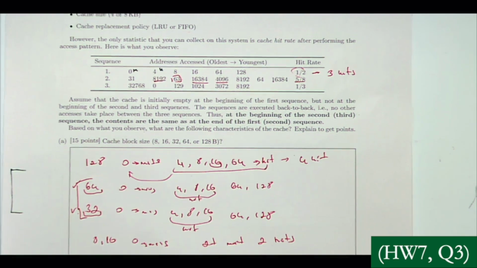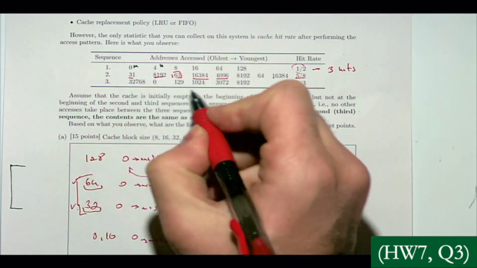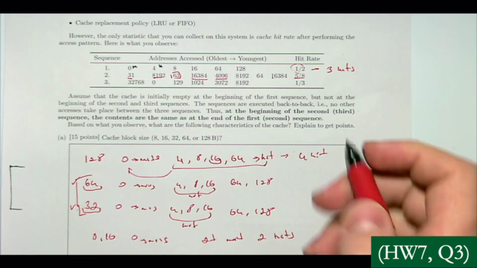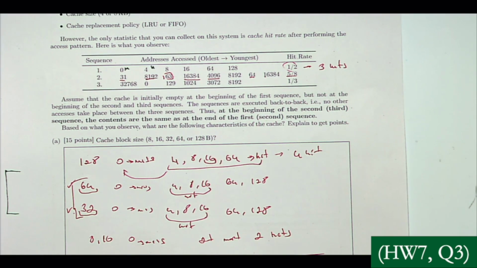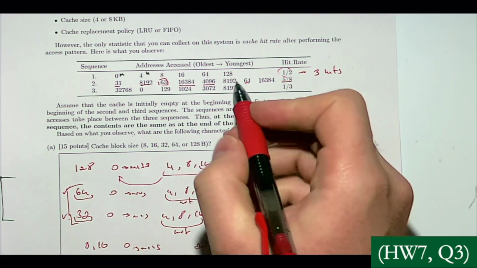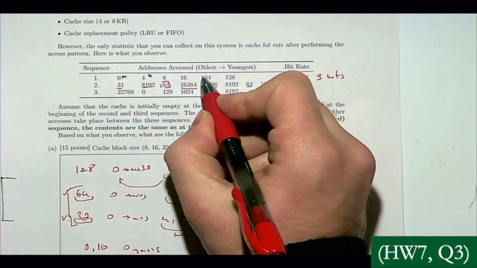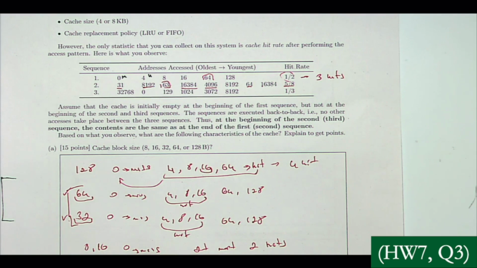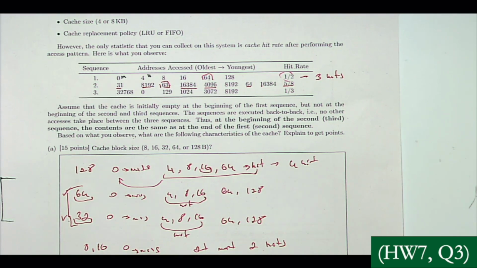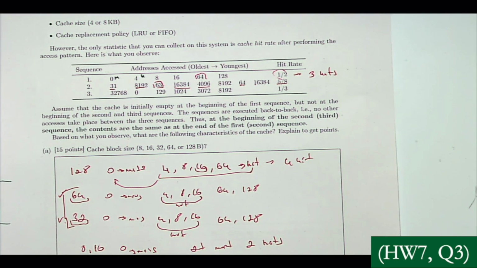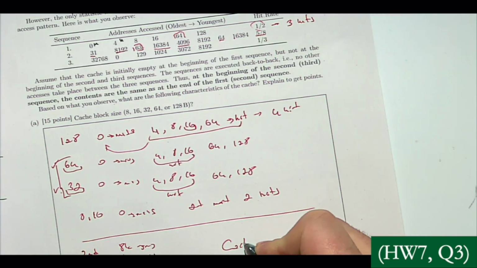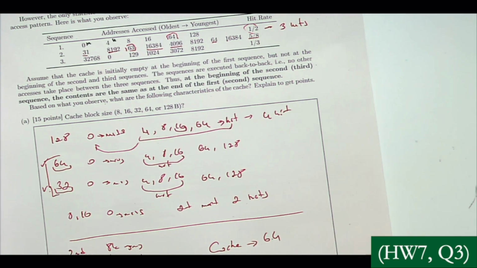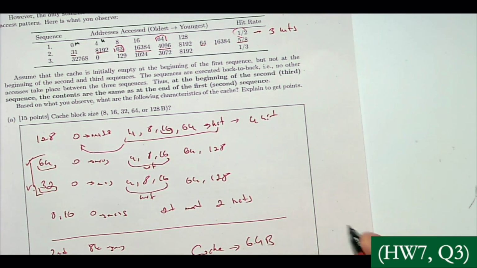Then 31 and 63 will be hits for us, but here 64 also needs to be a hit. Since we previously accessed 64, it is already in the cache, so this is also a hit. So our block size is 64 bytes.